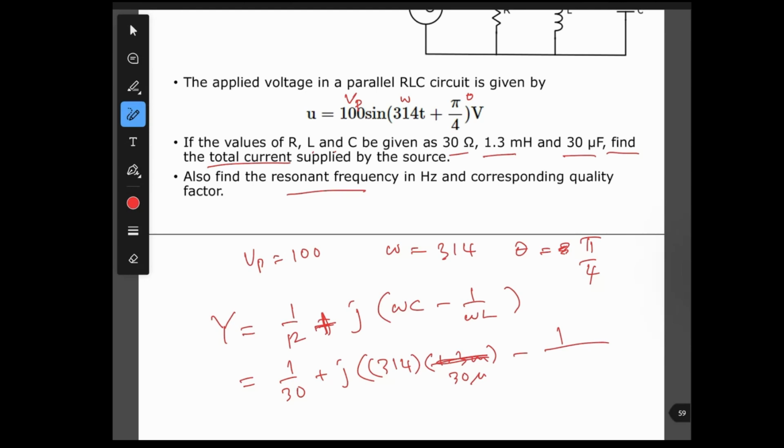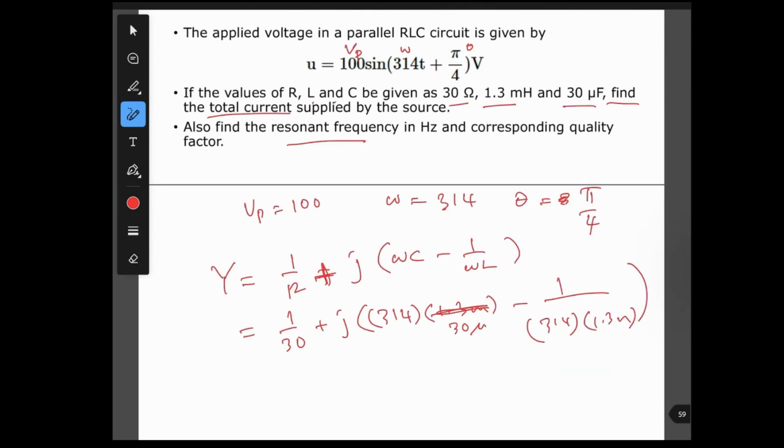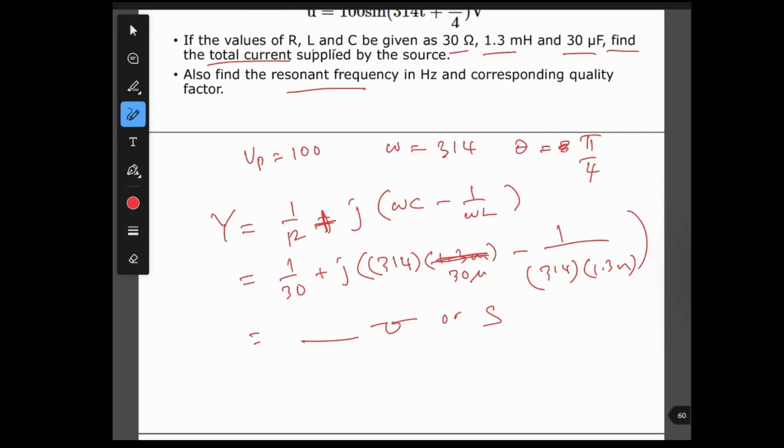Y is 1 over 30 plus j(omega C minus 1 over omega L) with 314 and 1.3 milli. This is Y, and the unit is mho or Siemens. Next is current. We know that current is equal to VY.